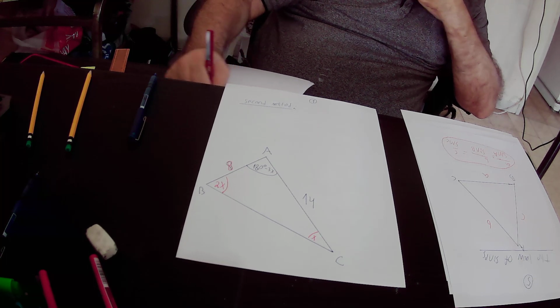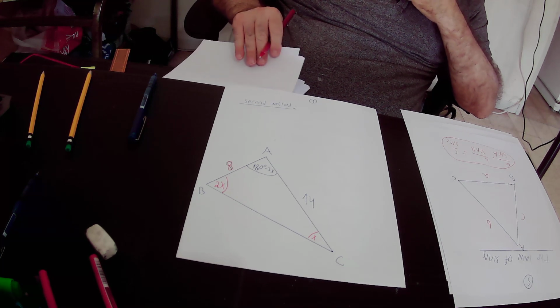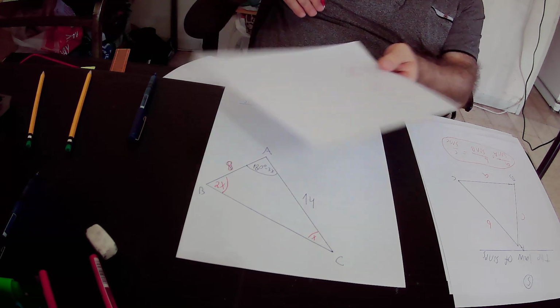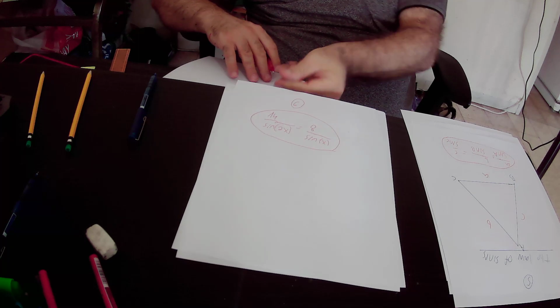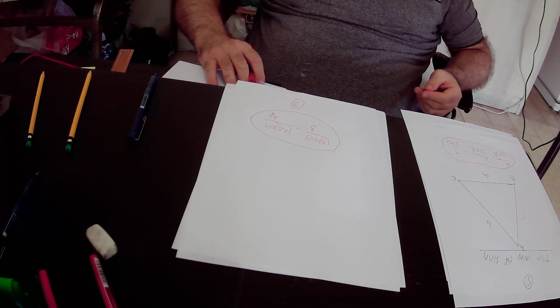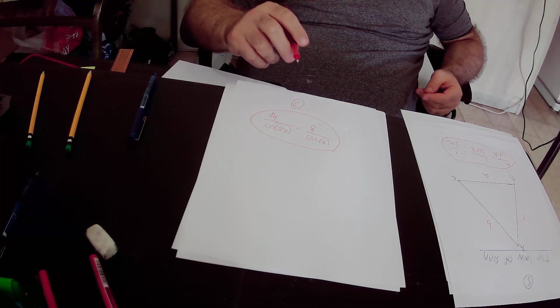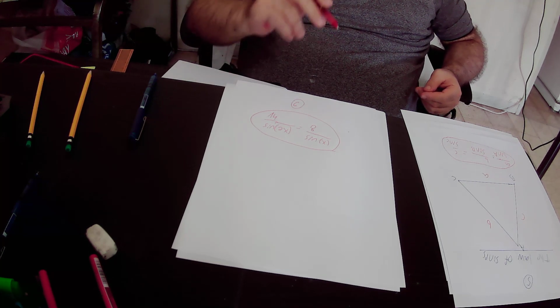Okay, so actually this equality is the implementation of the law of sines in our triangle ABC. 14 over sine 2x equals 8 over sine x.